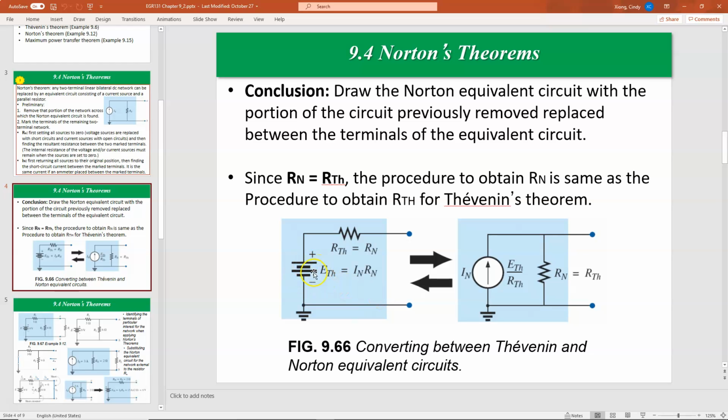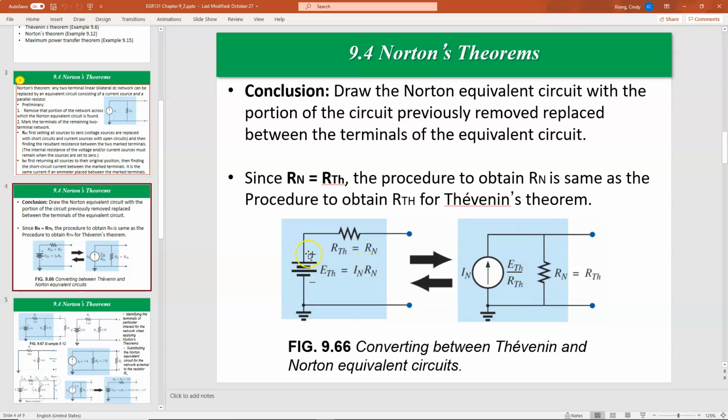If you have a voltage source ETH with a series resistor RTH, and a current source IN with a parallel resistor RN, they have this relationship. First, RTH is equal to RN, and then ETH equals IN multiplied by RN. That is the same as saying IN equals ETH over RTH.